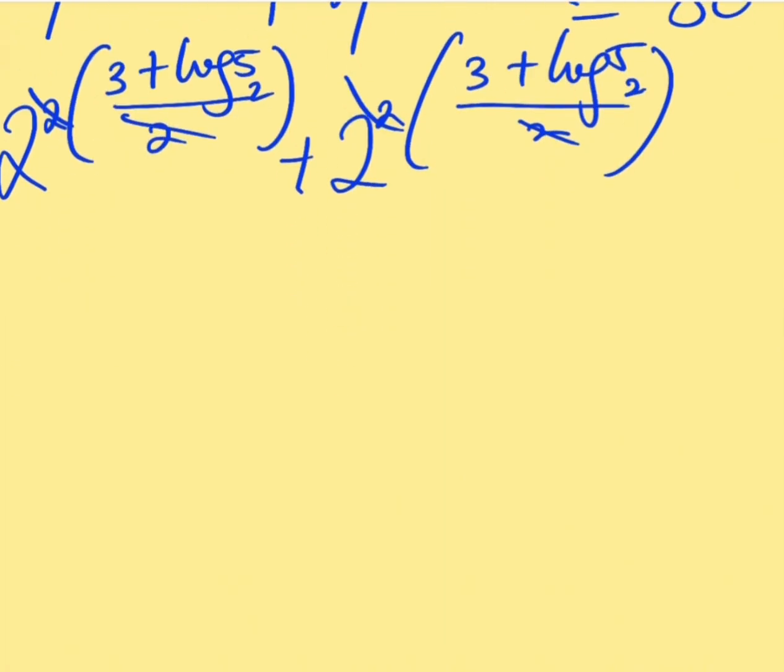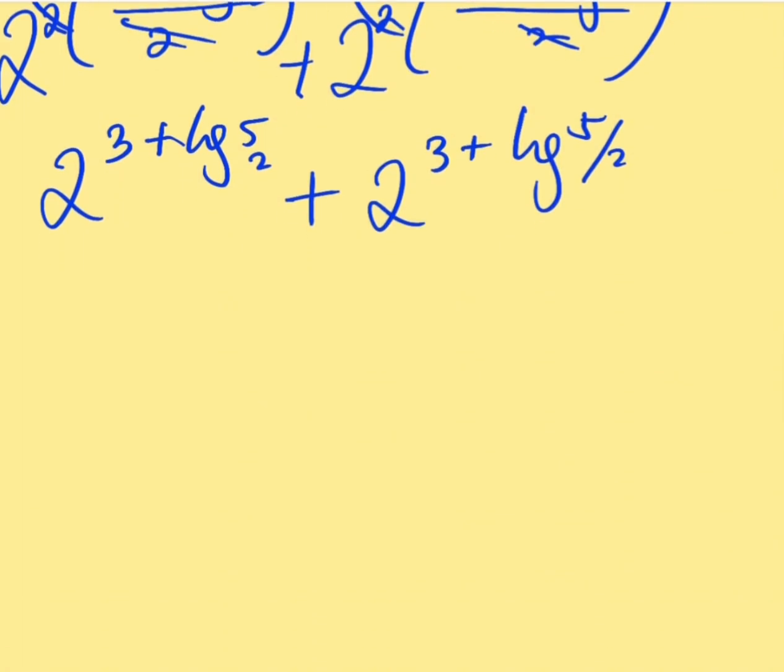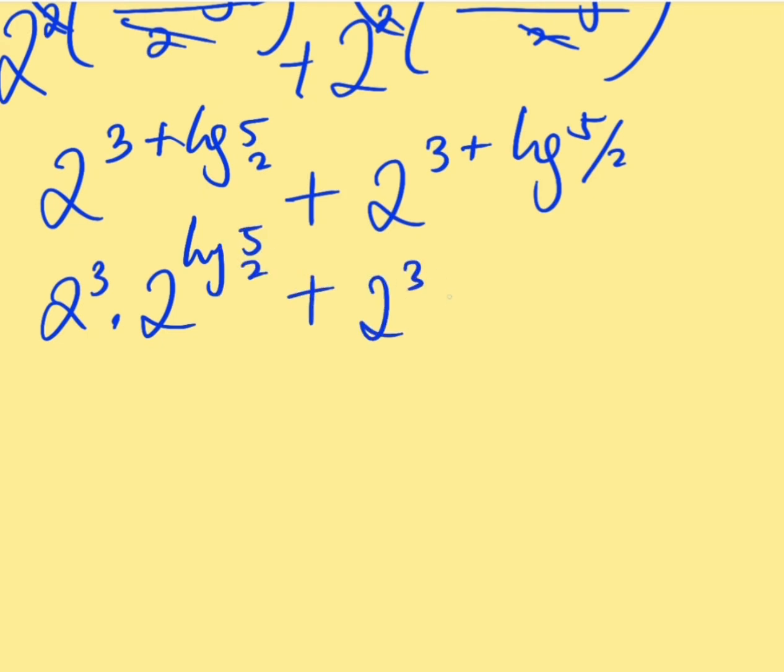We are left with 2 power (3 plus log 5 base 2) plus 2 power (3 plus log 5 base 2). Now we can break this thing down as 2 power 3 multiplied by 2 power log 5 base 2, plus 2 power 3 again multiplied by 2 power log 5 base 2.